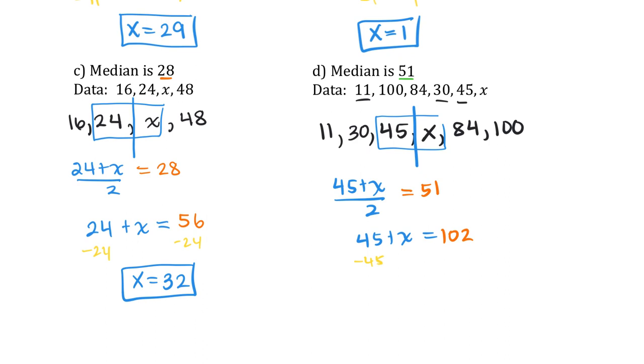X equals 102 minus 45, and I'm going to put it in my calculator. Okay, I got 57. And then these ones I can kind of check. If this is 57, is 51 between 45 and 57? Yeah, it's 6 away from 45 and 6 away from 57, so 57 makes sense.